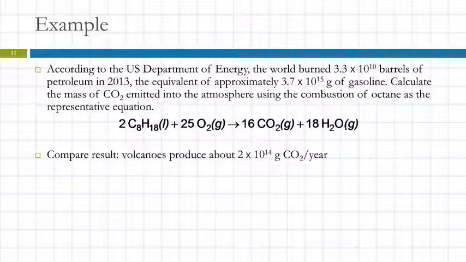Now, is this going to give us a very, very precise number? No. This is an approximation. There are a lot of approximations put together here. So we have 3.3 times 10 to the 10th barrels of petroleum.